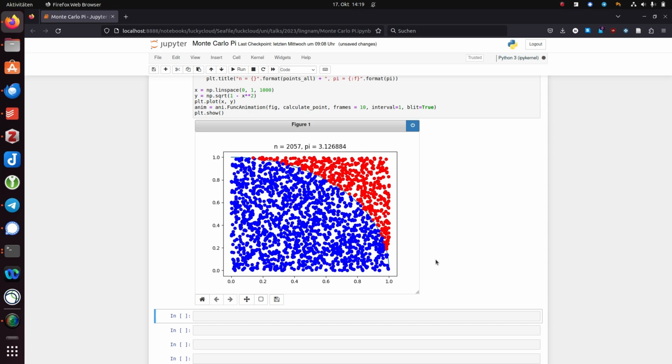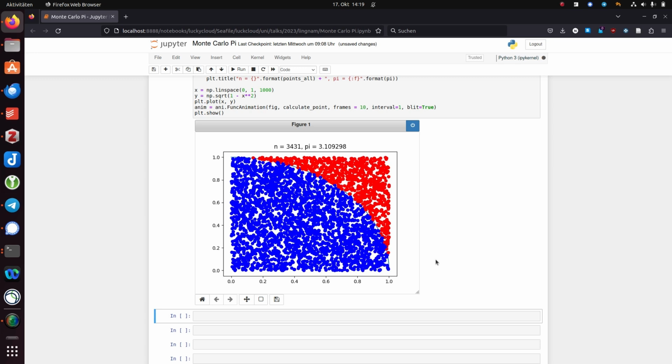But the properties of statistics should guarantee, at least for this very simple Monte Carlo algorithm, that in the long run, it gets better and better. But you can already see it slows down here. It's quite far away from the true value of pi, and I let this run without the animation lagging everything up.